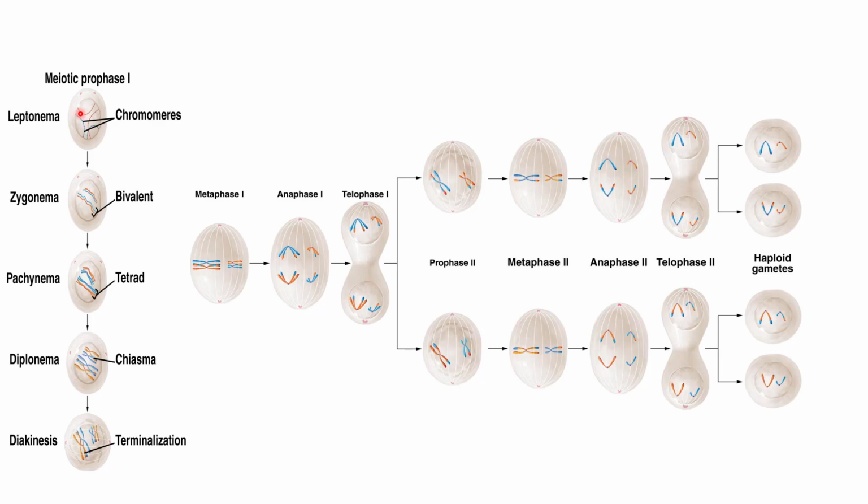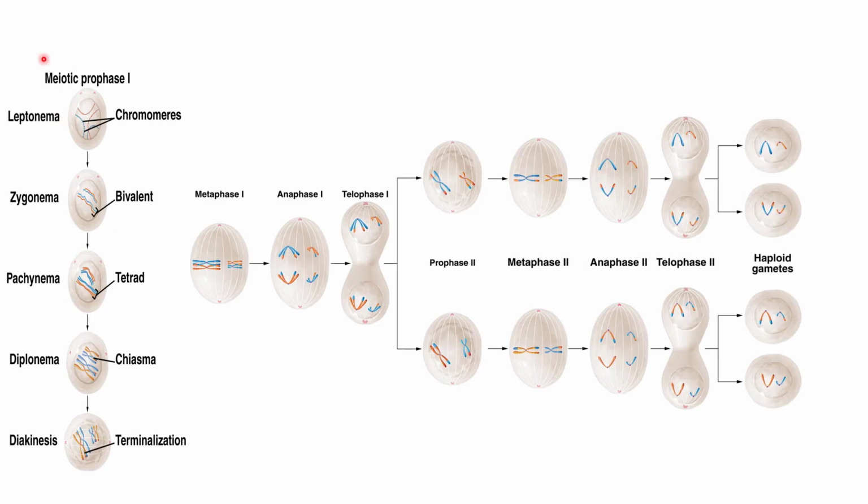We're not going to be concerned with prometaphase for meiosis. Why? Because in prophase, there's a series of things that happen during prophase 1 that are really important, and so we tend to focus on those rather than where prometaphase may actually be found.